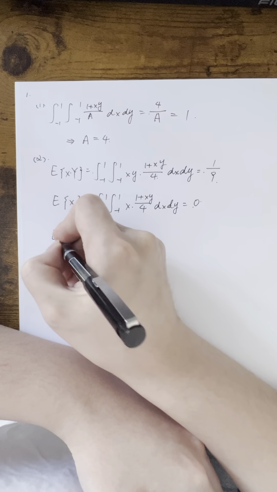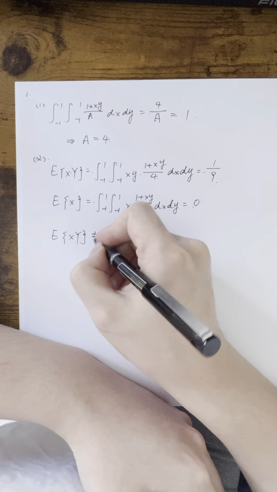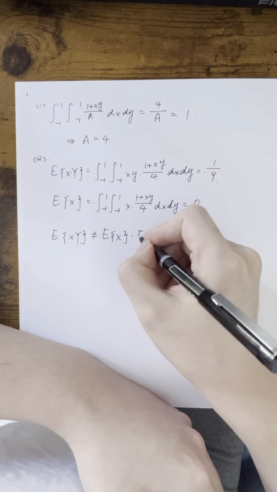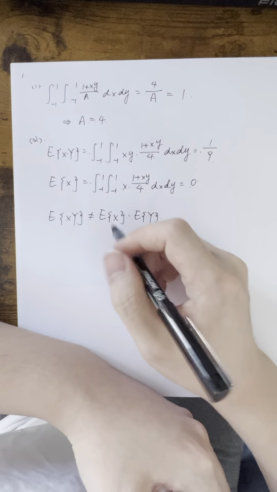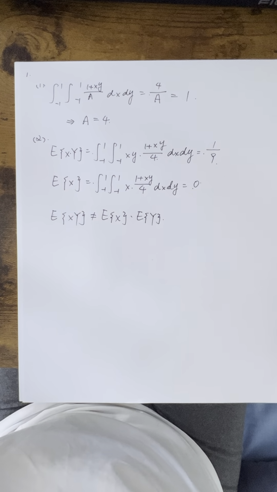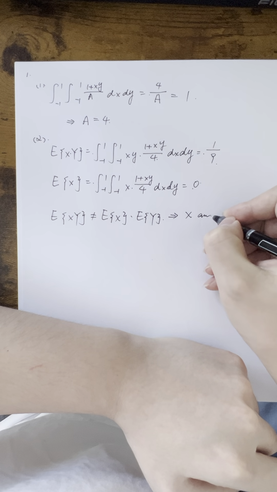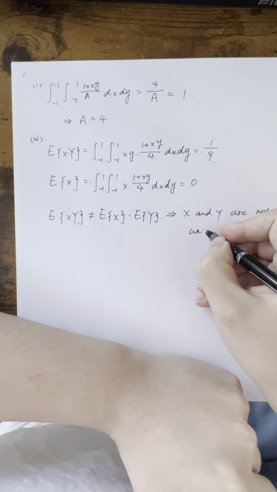We could just get the information that E[XY] is not equal to E[X] times E[Y], because E[X] is 0 and E[XY] is not 0. So X and Y are not uncorrelated.